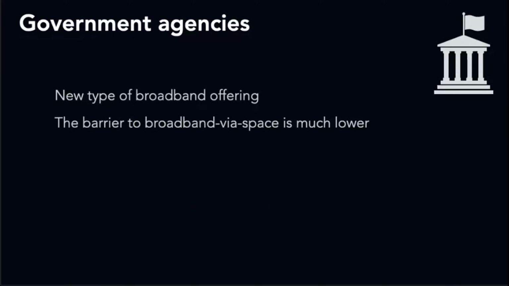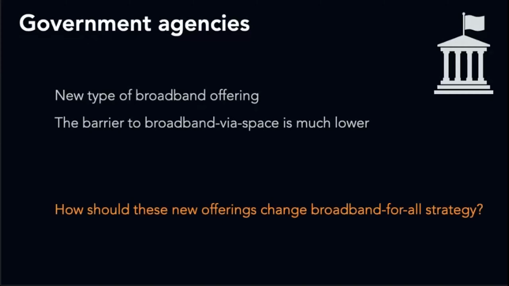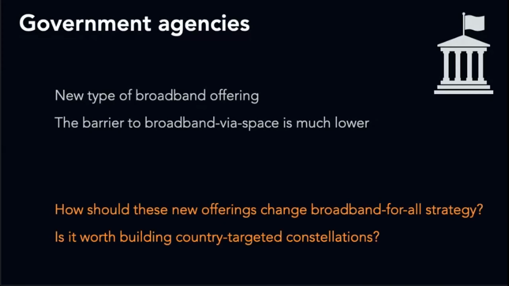So again, how should governments adjust their policy making, for example, for goals like broadband for all? How should these new broadband offerings factor into that decision making? Second, is it worth building country-targeted constellations? Is this something that governments should consider to serve their own populations?